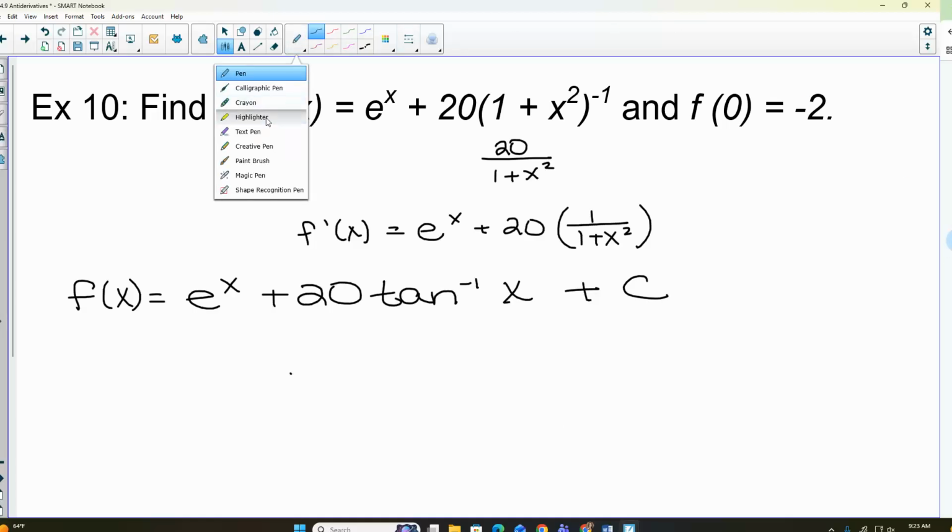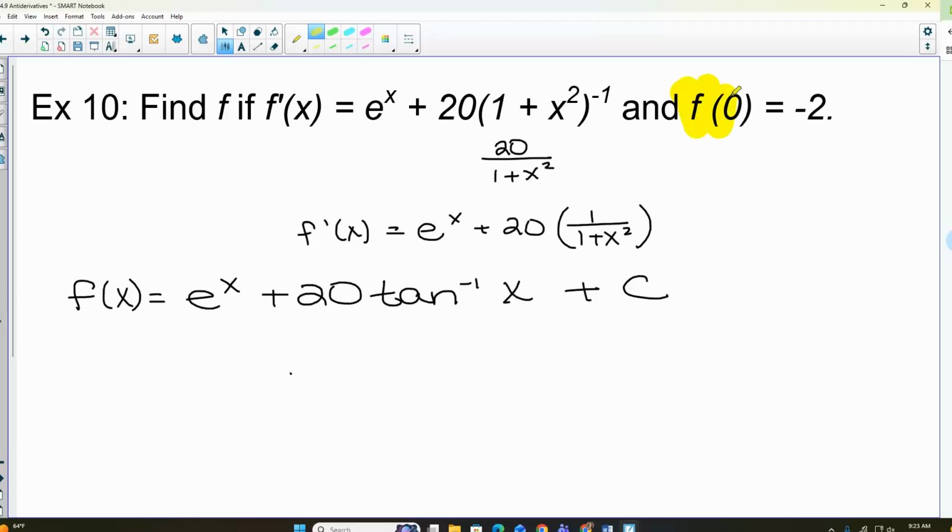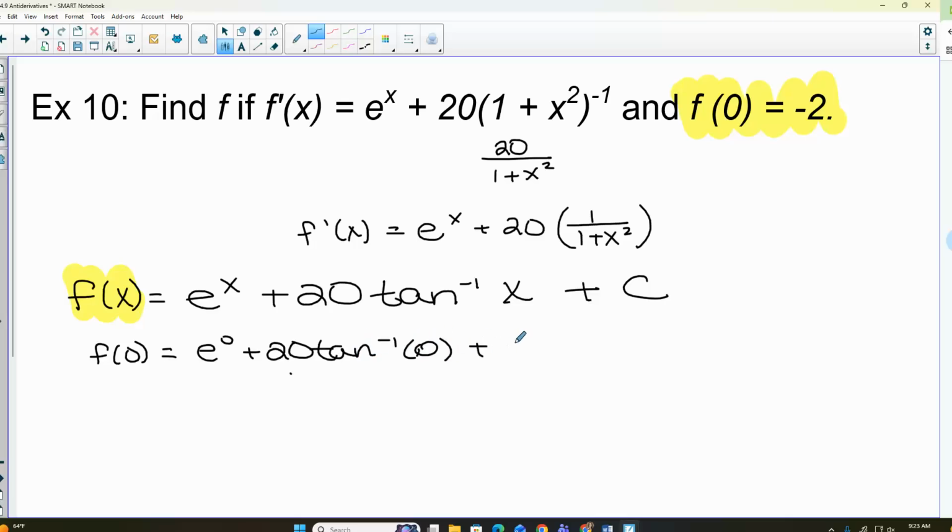Now, what I gave you is f of 0 equals -2. This is f of x. I am giving you the information to find out what c is here. I gave you an extra stipulation. So I know in this function, if I put in a 0, e to the 0 plus 20 tangent inverse of 0, plus c, I have to get -2 for my answer.